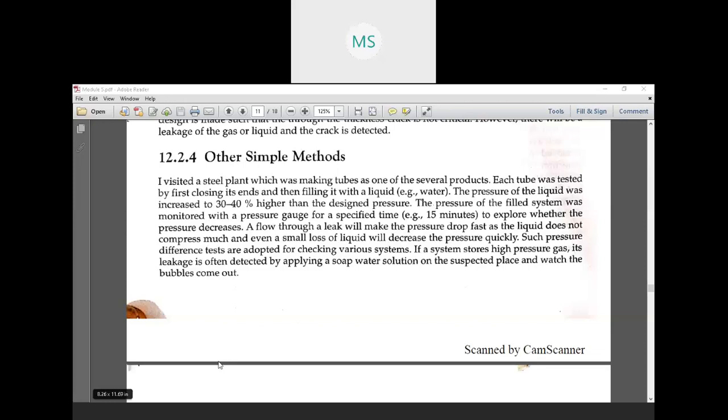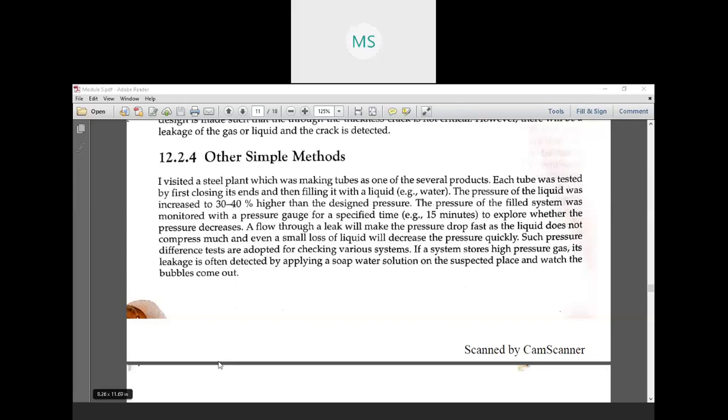If they find out by some way, like with a barometer or some pressure difference instruments, that there is some pressure difference, that means there is some leakage in the system. If there is no pressure difference, all is well.